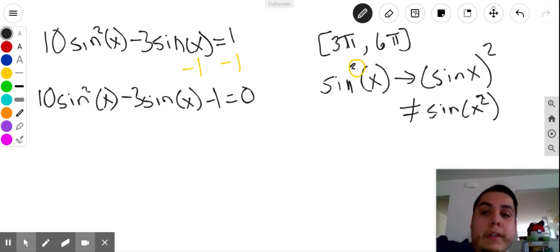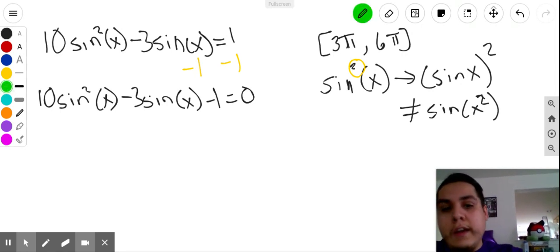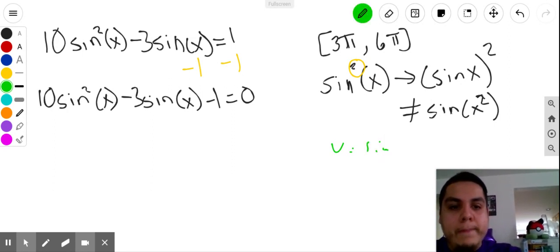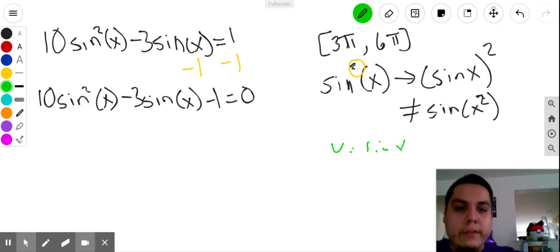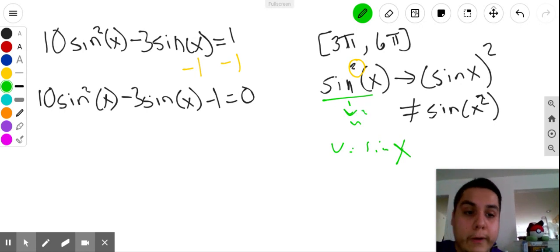And just like we were doing the other day, and a little bit yesterday too, we have to use U-substitution, but it's not going to be the traditional U-substitution. I'm going to let u equal sine of x. So that means this would become a u squared.